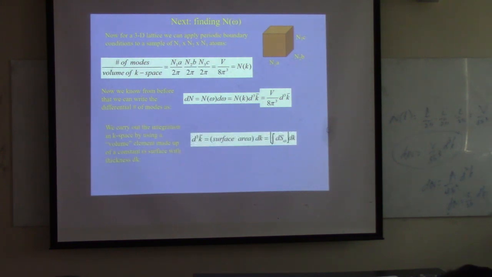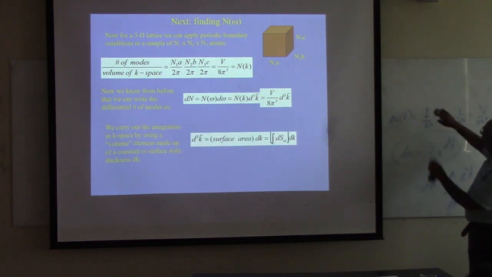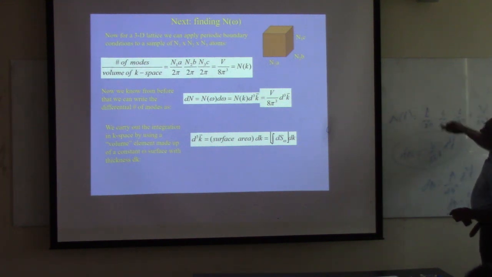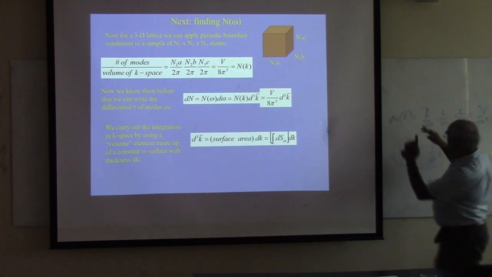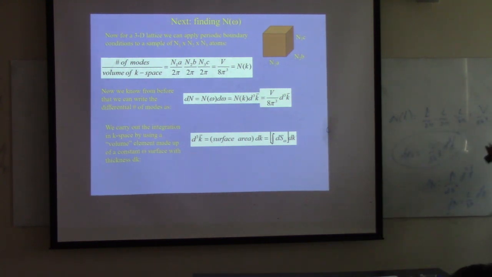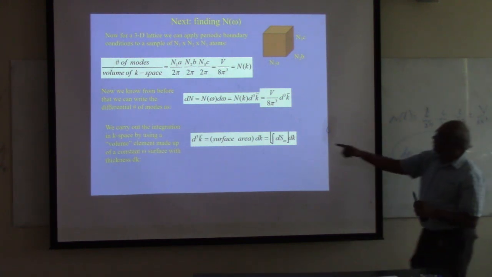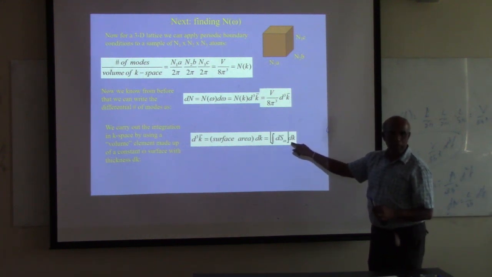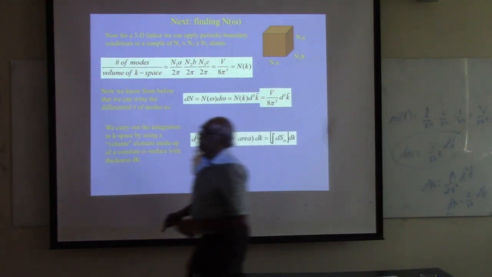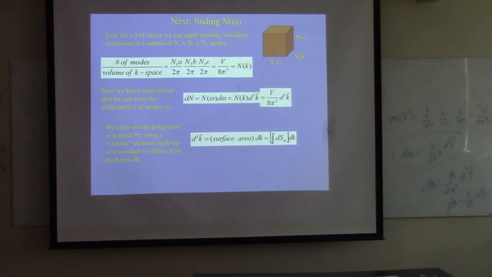Now what is this d cubed k if you want to do it for an entire sphere? You have to be three-dimensional, more like a total sphere, right? Volume means area times dk, because eventually we need to get d omega over dk.